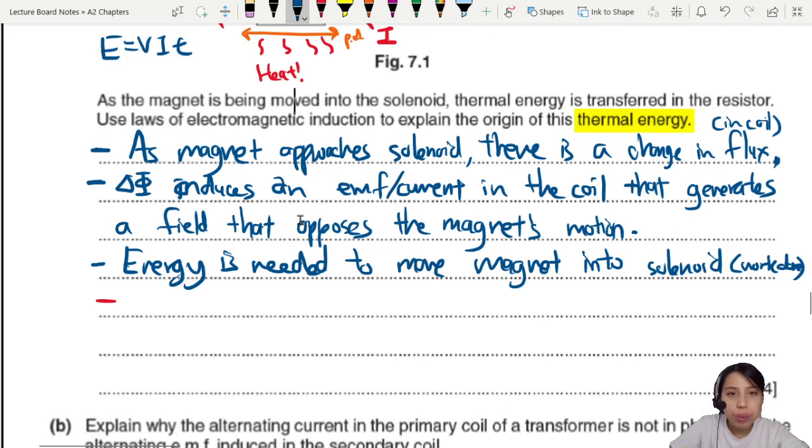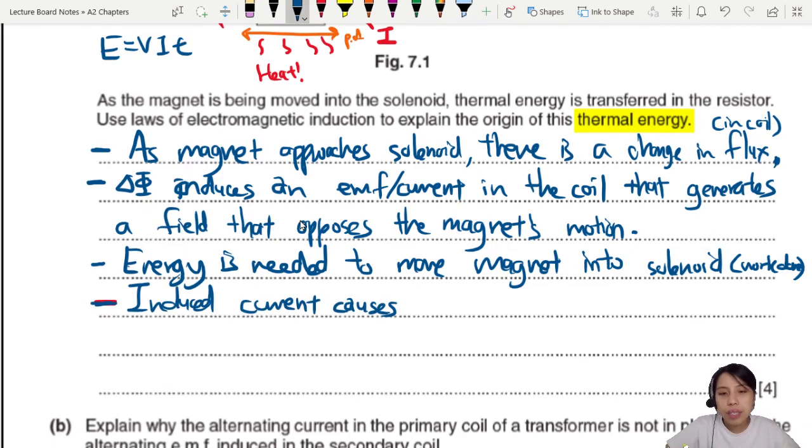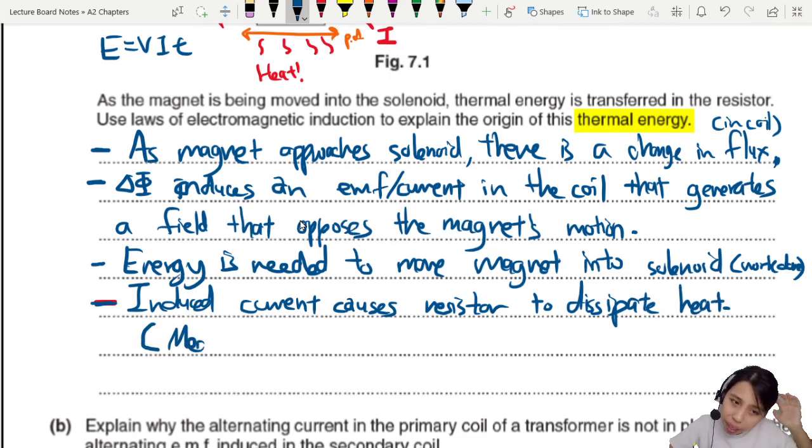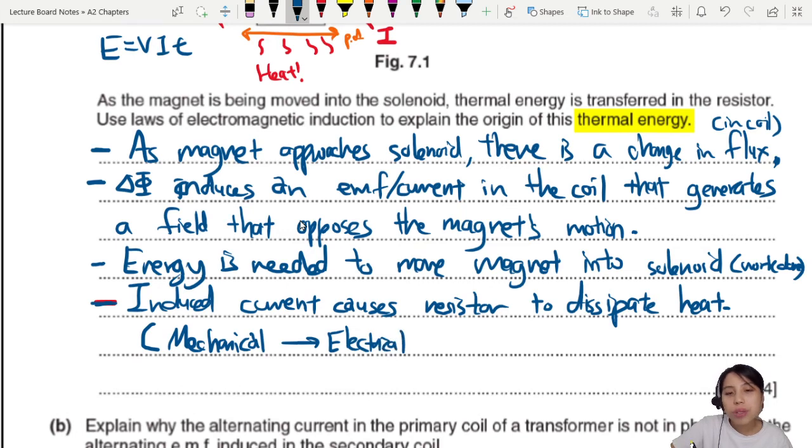So this induced current causes a resistor to dissipate heat. Induced current can already mean electrical energy. So if you want to just summarize what the energy changes are, you got some kind of mechanical energy from your hand doing work converted into electrical energy, so induced EMF, so a current, and that current when flowing through a resistor becomes heat, so thermal energy. That's the conversion happening here.